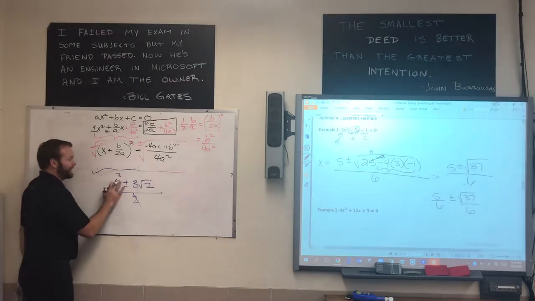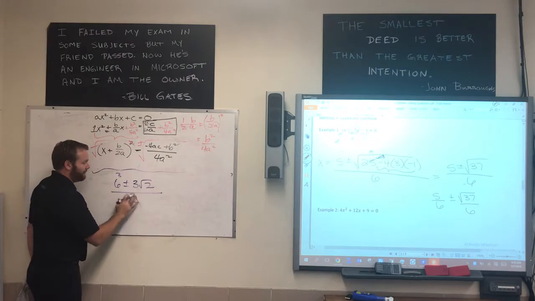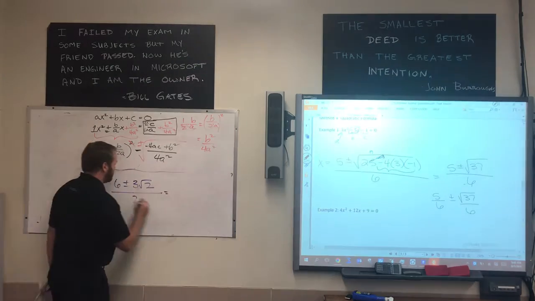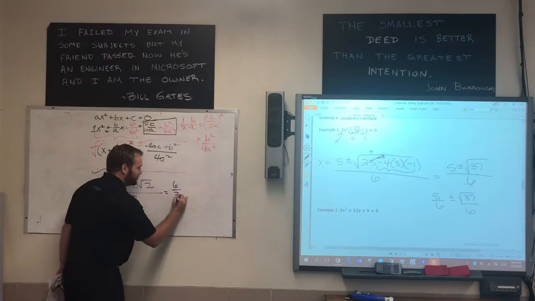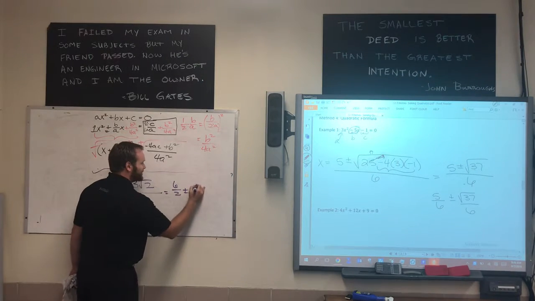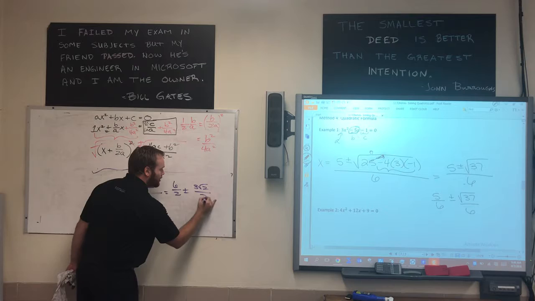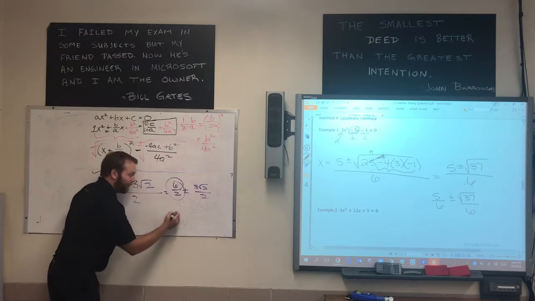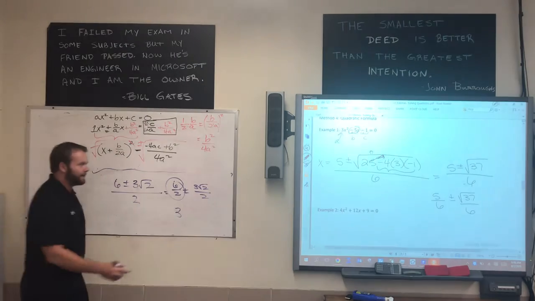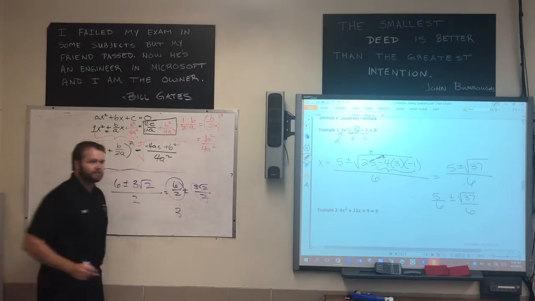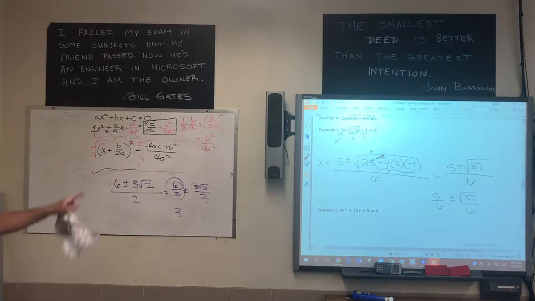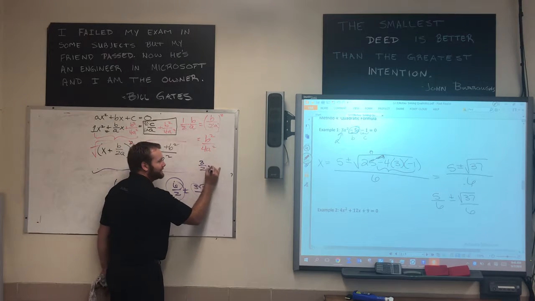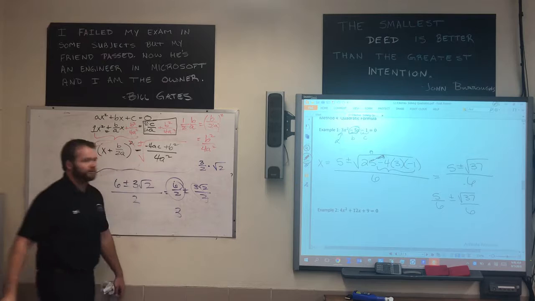And the reason that cannot be done is because this numerator is a sum, which ultimately looks like this if I break it apart. 6 over 2 plus or minus 3 radical 2 over 2. Does that make sense? Now these can cancel. If I want to leave it as 3, that's fine. But can those cancel? No. Okay? Because if I look at that, what that really means to me, guys, is 3 over 2 times radical 2.